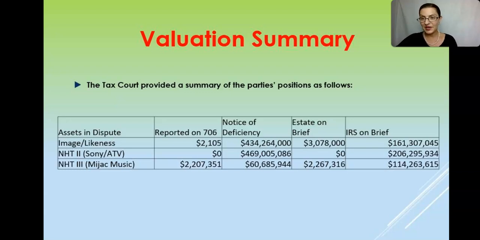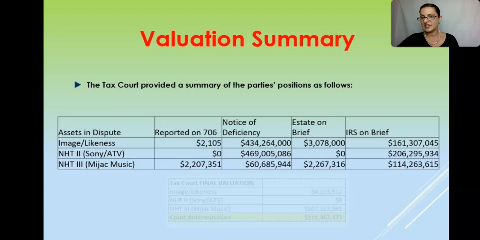Now the court valuation was not as high as the IRS, but not as low as the estate itself. The court valued Michael Jackson's image at about $4 million and also valued Michael Jackson's interest in Mijak at $107 million. So much higher than the estate, but not as high as the IRS wanted, which was $114 million.